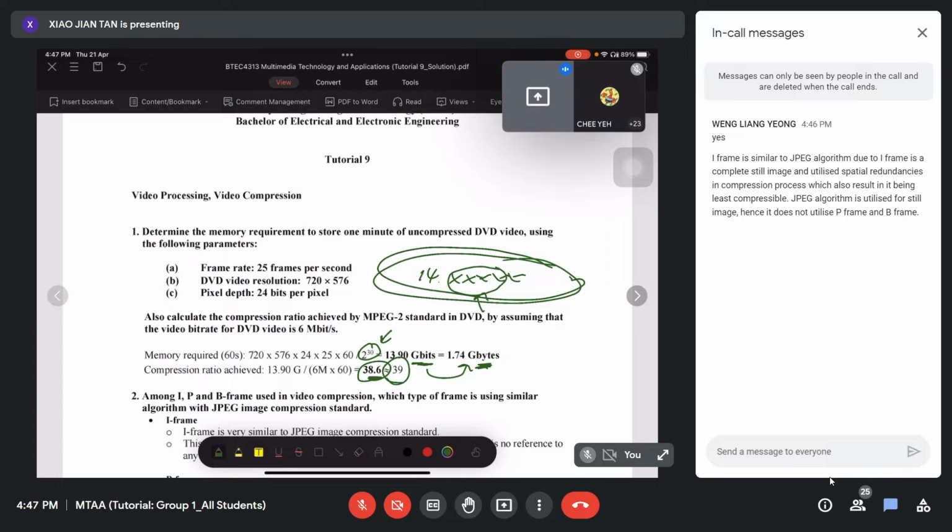So it should be I frame is the one who performs the similar algorithm as JPEG compression. But P frame and B frame is different, so it does not use JPEG compression, right? Just that your last sentence did not really reflect this meaning. Okay, thank you for your answer.